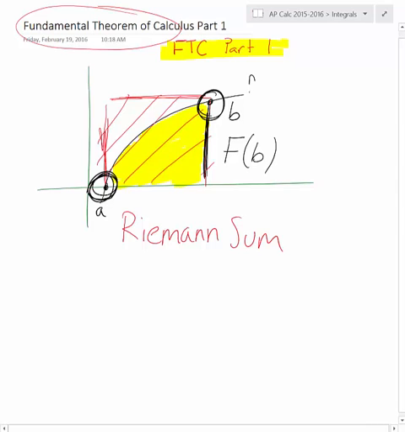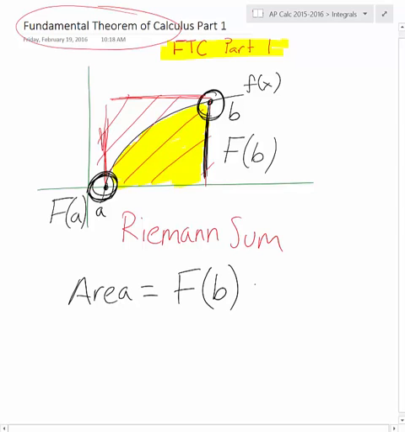If this graph was lowercase f of x, then we plug in for x the endpoint, and then over here F of a, and if we subtract those, it gives us that area. So this area is equal to the antiderivative evaluated at b minus the antiderivative evaluated at a.